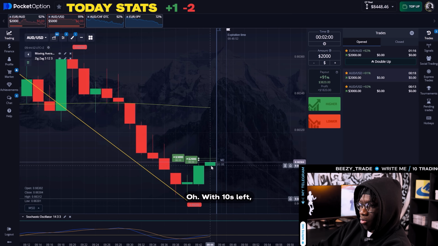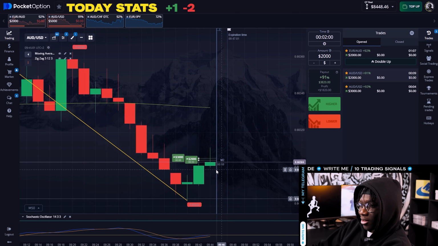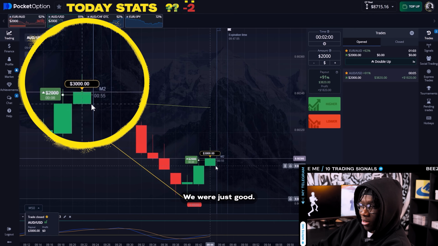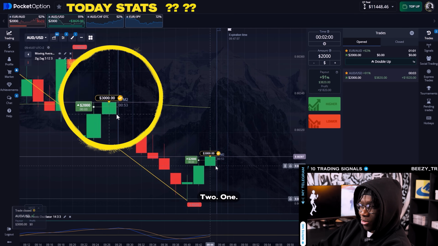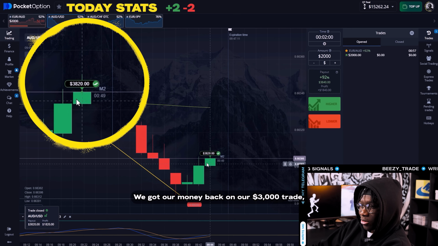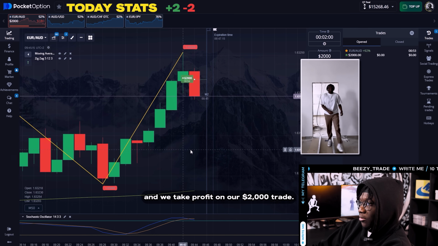Oh, with 10 seconds left, we pulled a little bit below 13.76. We were just good. 3, 2, 1. We got our money back on our $3,000 trade, and we take profit on our $2,000 trade.